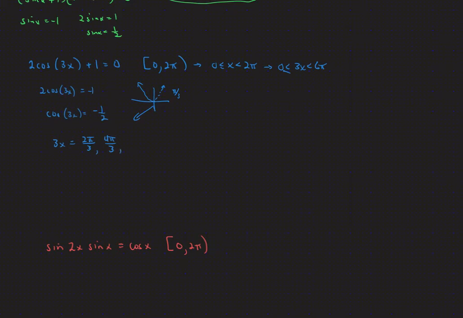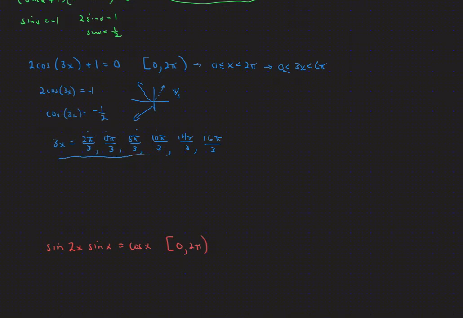The second one, we're going to add 2 pi, or 6/3, to each of those, making that 8 pi over 3 and 10 pi over 3. Then we can go around again, add another 6/3 to each of those, making that 14 pi over 3 and 16 pi over 3.